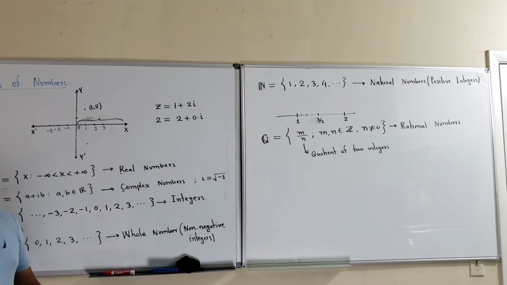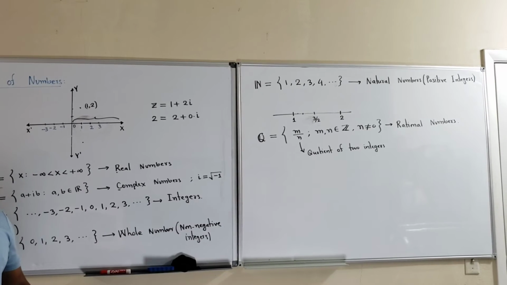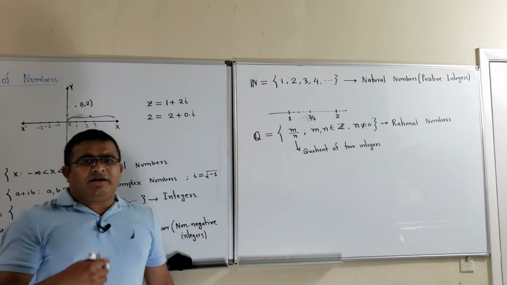Now there is another type of number that is called irrational number.